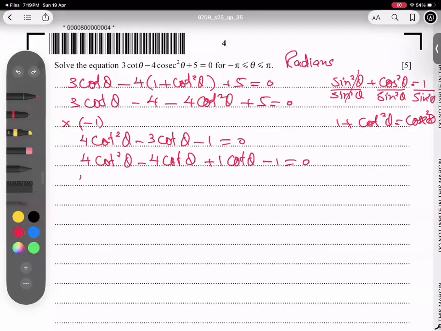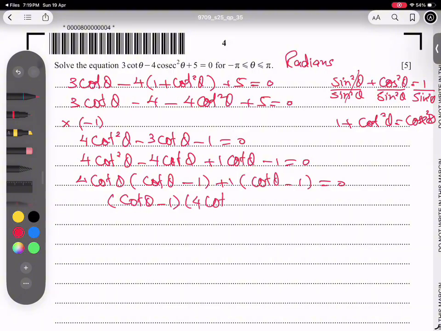So 4 cot common, I got cot theta minus 1. After this, from here, plus 1 common, cot theta minus 1. Do they match? Yes, they match. So I'm getting cot theta minus 1 and 4 cot theta plus 1 is equal to 0.